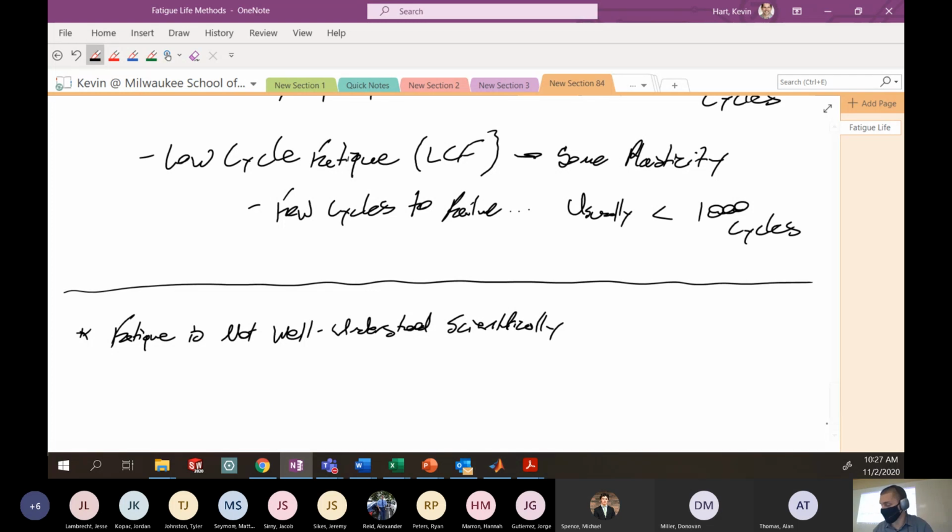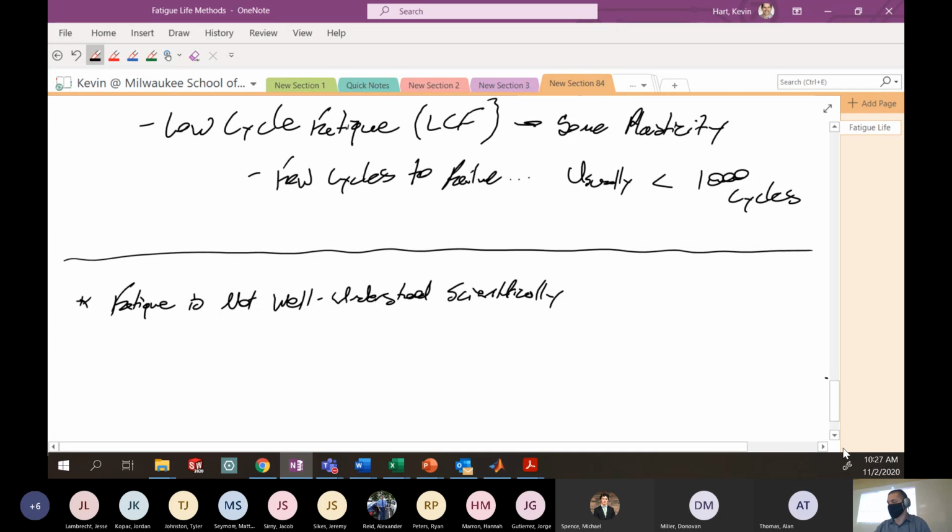Elastic modulus, you can get a pretty good handle on what that is, what's going on physically, and what that actually means. Fatigue is not really that well understood scientifically, and so most models are empirical models. No, I shouldn't say most. I should say all of them are.